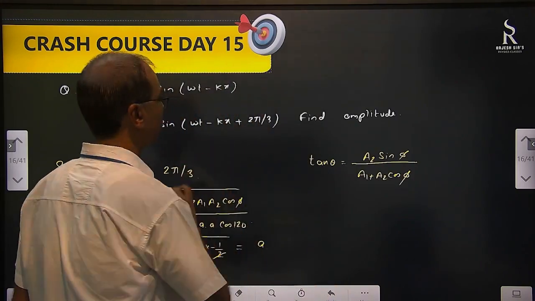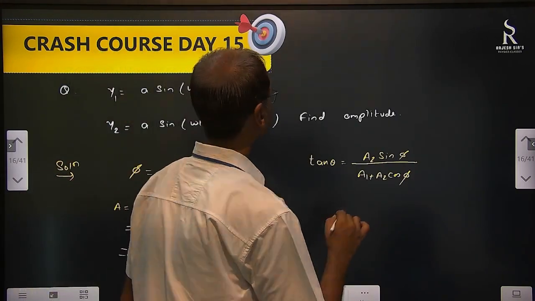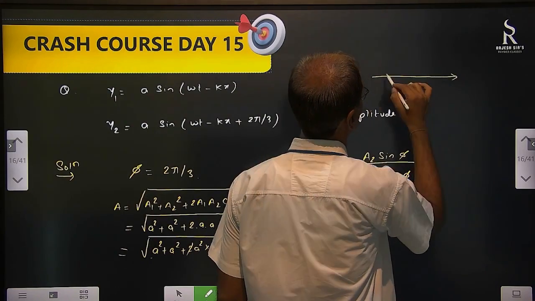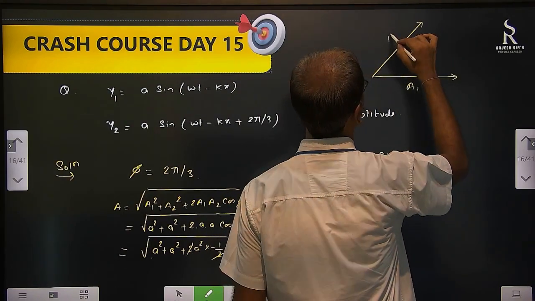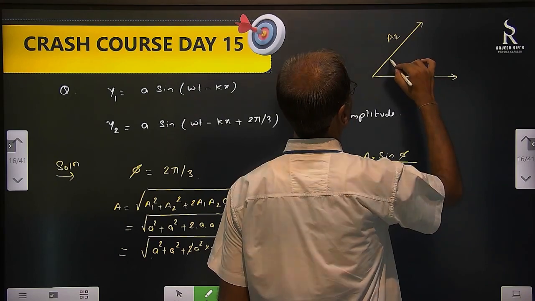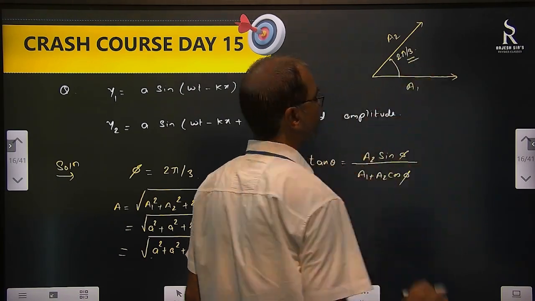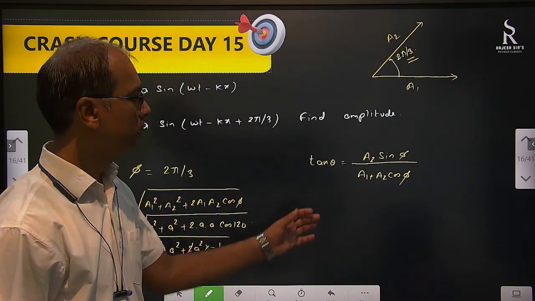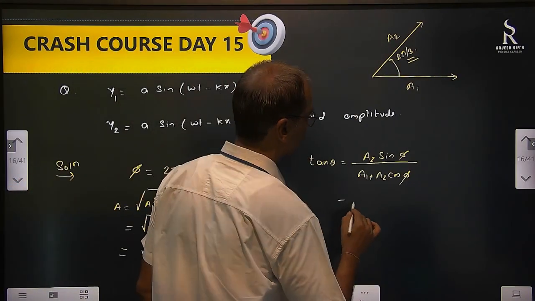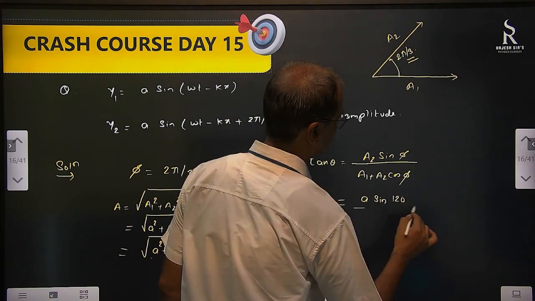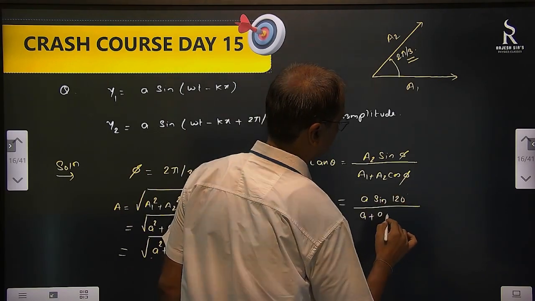Okay. Now in this question, this is A1, this is A2, and this is angle 2 pi by 3. Okay, put it in this one. So A2 value is also A. This is sin 120 degrees by A plus A cos 120 degrees.